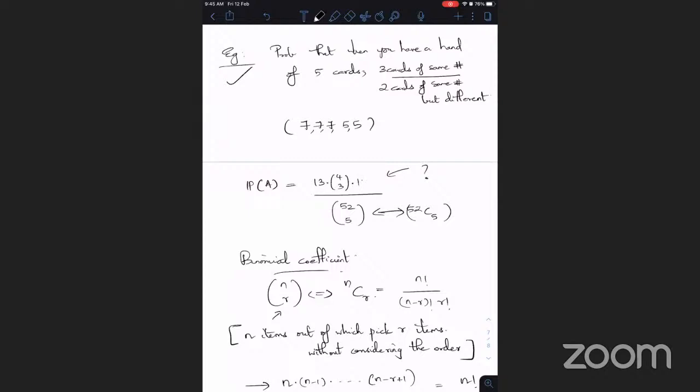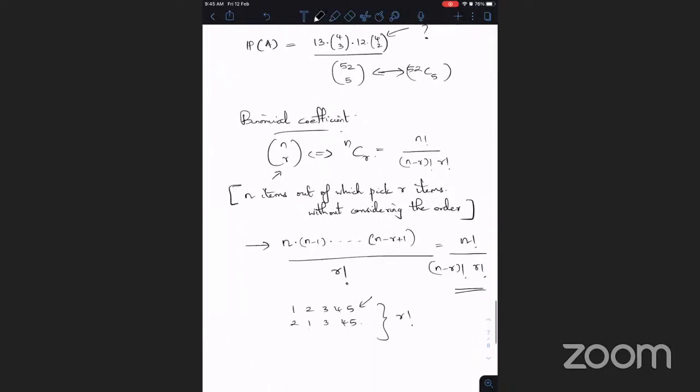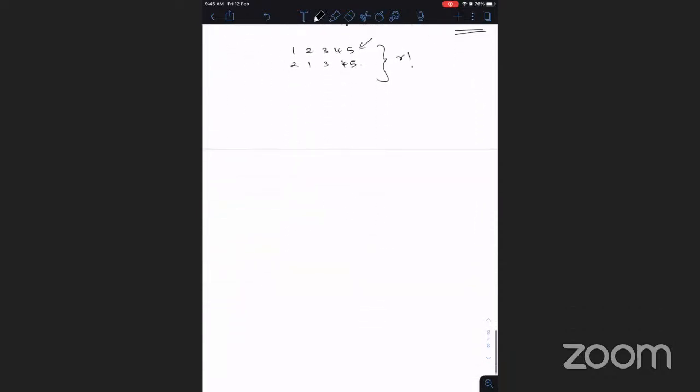Exactly. So 12 times 4 choose 2. So this is the answer. With this example, the multiplication rule should be pretty clear to all of you. If it's not clear, do look at the problem in slightly more depth. And if you have more doubts, you can let me know next class.